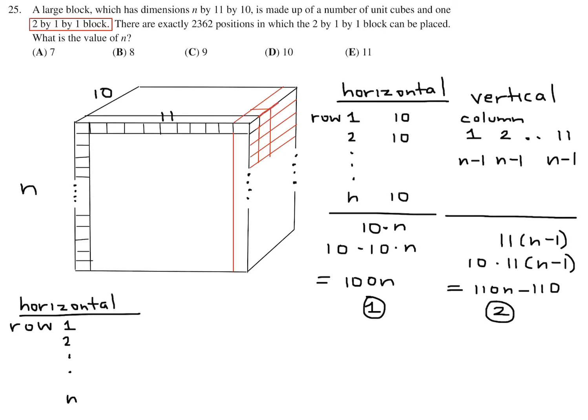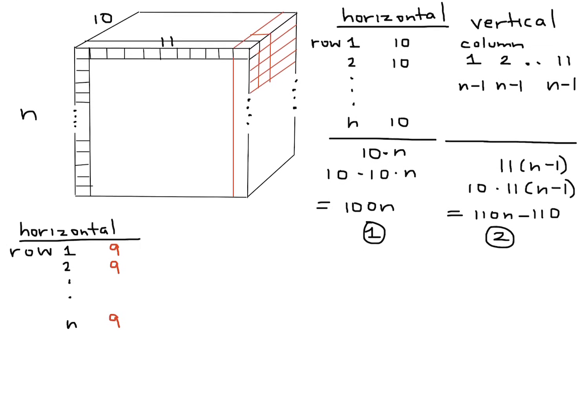I'm going horizontally, 2 ways, right? And so on down. And because the length is 10, 9 ways of doing that for each row. Okay? So that means that the total for this particular scenario is 9 times n.